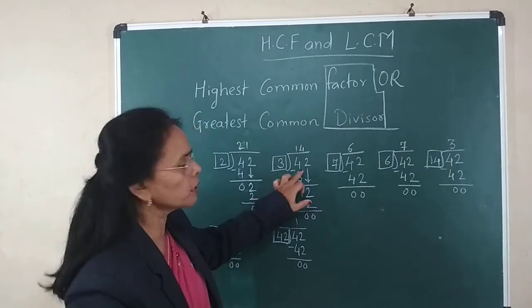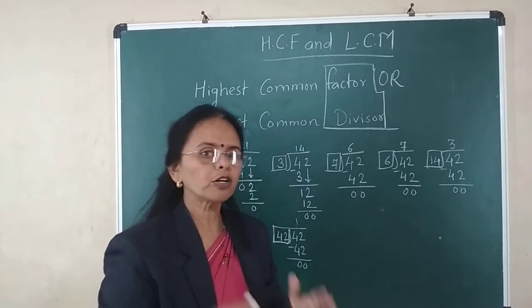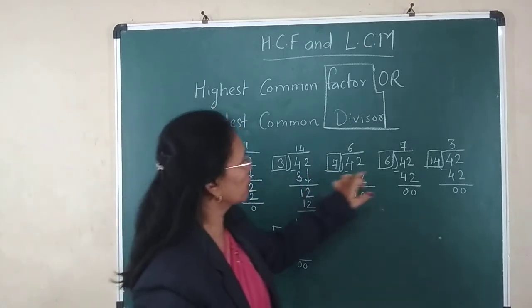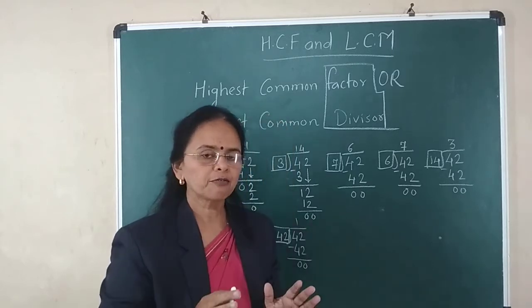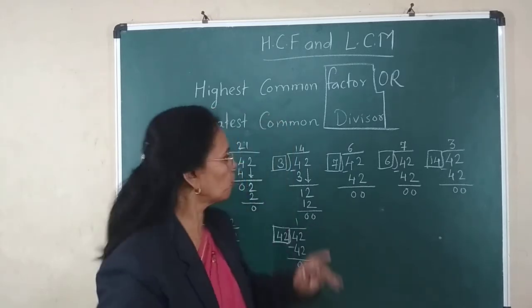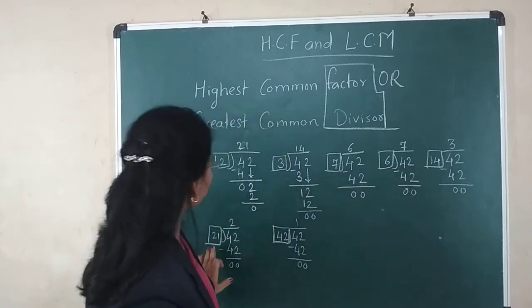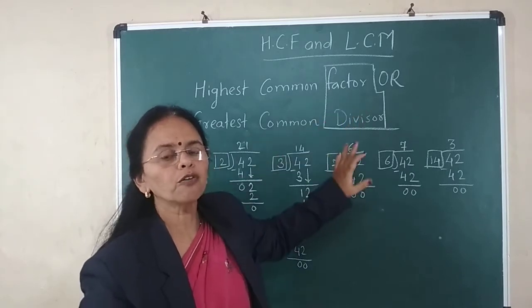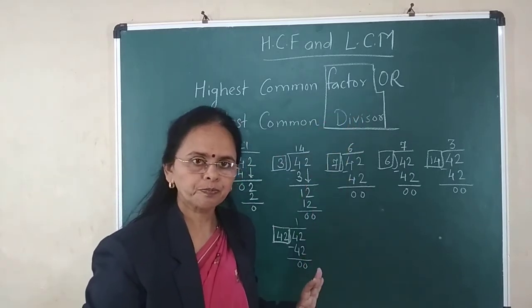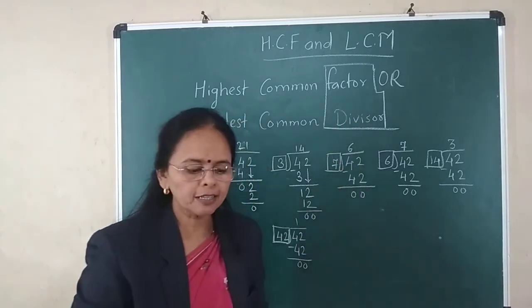Factors of the number 42, because when I divide 42 by these different numbers, the remainder becomes 0. And when the remainder becomes 0, those numbers are called the divisors or factors of 42. Have you understood what are factors or divisors?